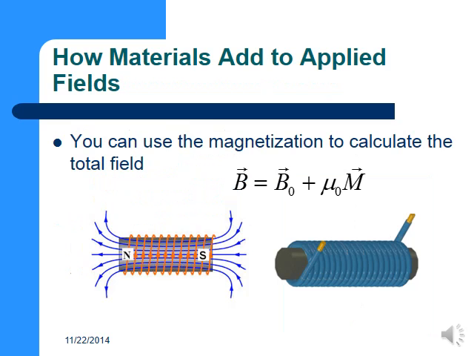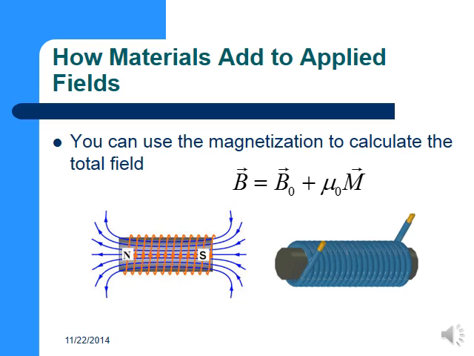Well, why do we want to do this? Because some of the electronic devices that we're using consist of coils of wire around an iron core like this. In this case, the iron core is going to add to the magnetic field.